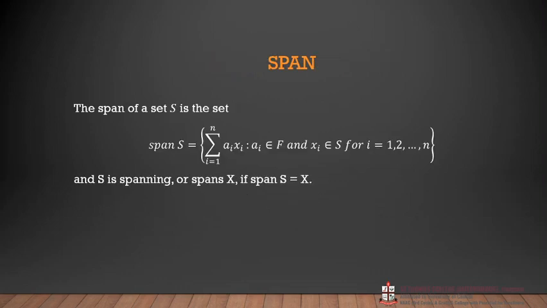Now, span of a set S is the set of all linear combinations of finite collections of vectors of S. So, span of S is equal to the set of all summation i equal to 1 to n of a_i x_i, where a_i are elements of F and x_i's are in S for i equal to 1, 2, 3, up to n.